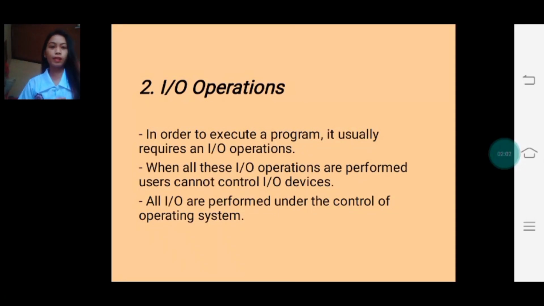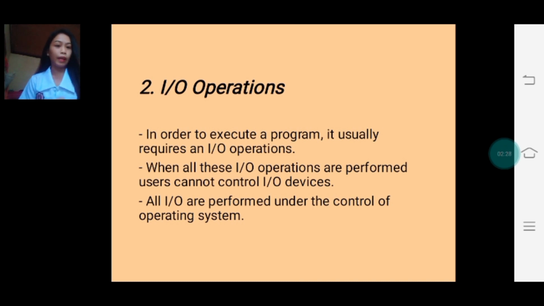So next is I/O operations. In order to execute a program, it usually requires I/O operations. For example, it may need to read a file and print the output.